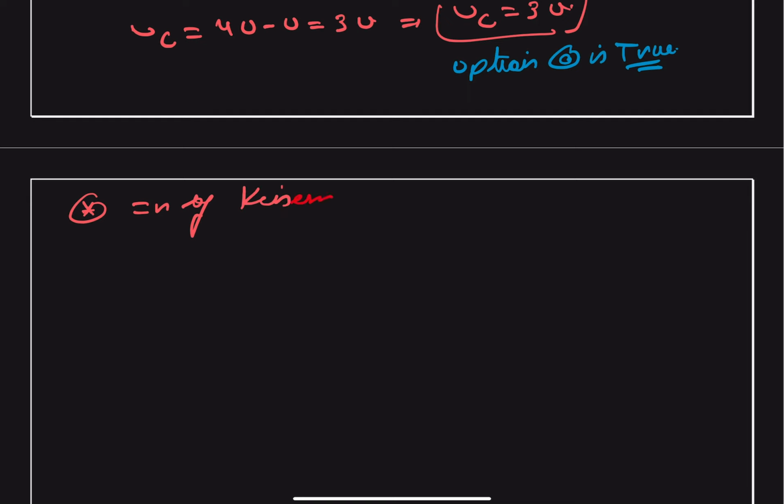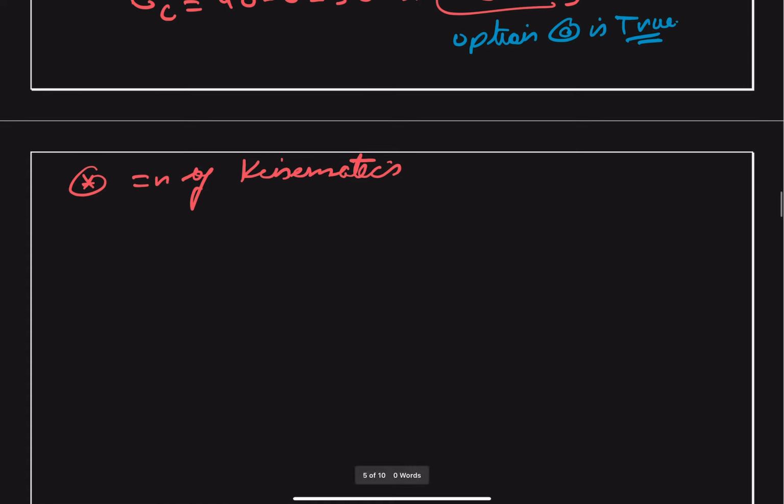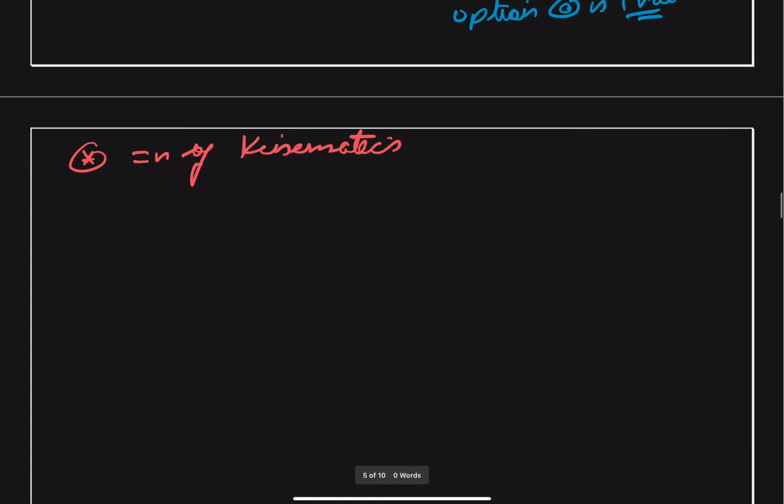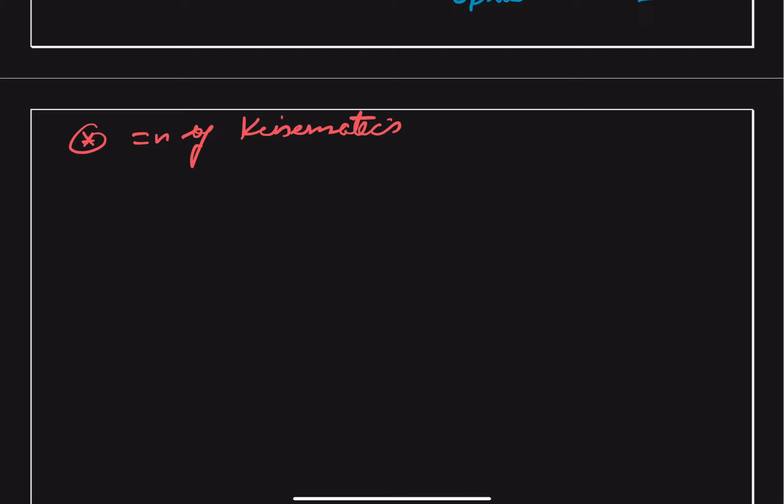We start first of all with B, and the equation of kinematics we are going to use is v squared equals u squared plus 2as. So for B we can write VB squared is equal to UB squared plus 2 times the acceleration of B multiplied by the distance traveled by B.